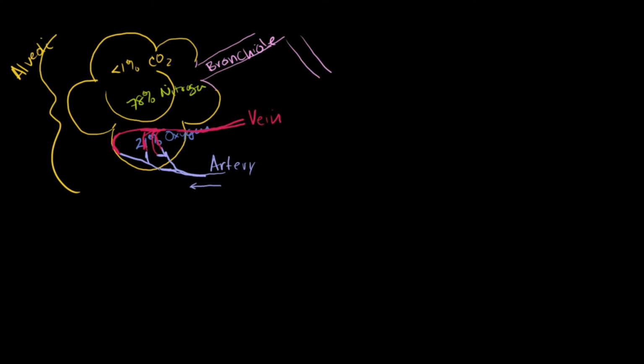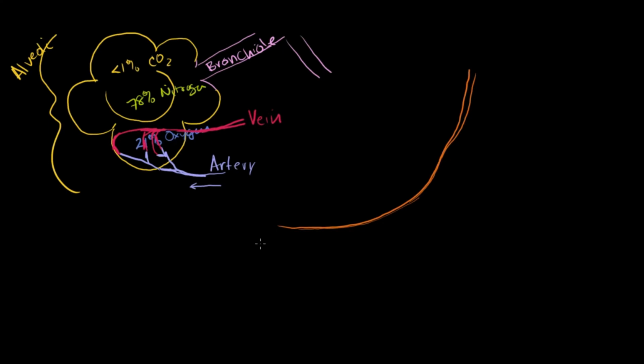To answer that, and I think that actually helps explain what's going on here, let's draw a little bit bigger. Let me draw the alveolar membrane a little bit bigger like that. So this is the inside of an alveolus. This is its membrane right here, super thin, maybe almost one cell thick. And then you have a capillary running right next to it.